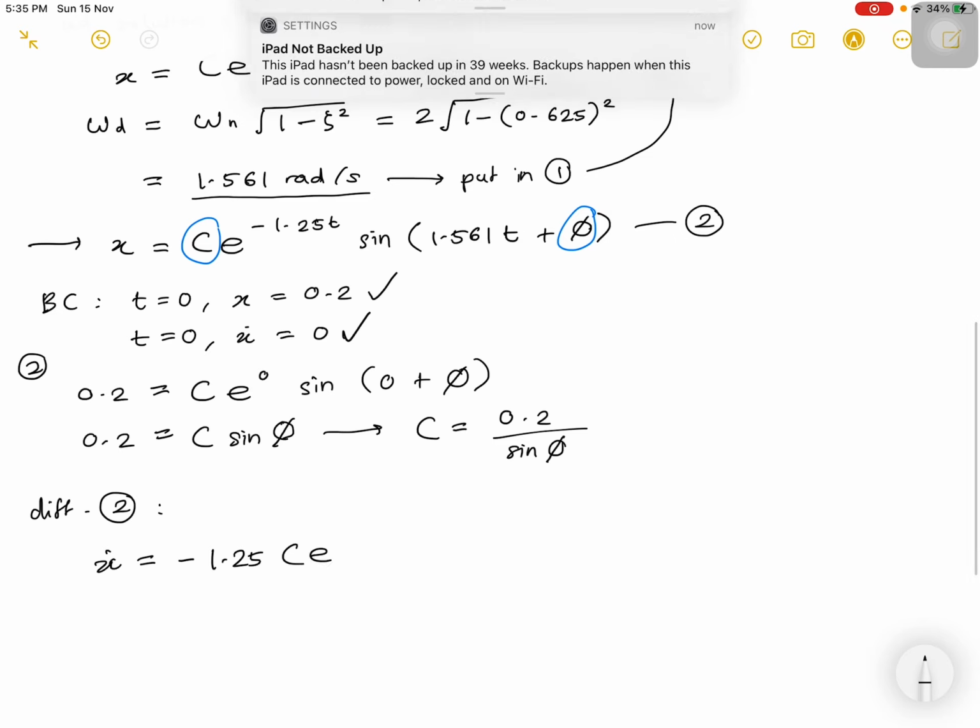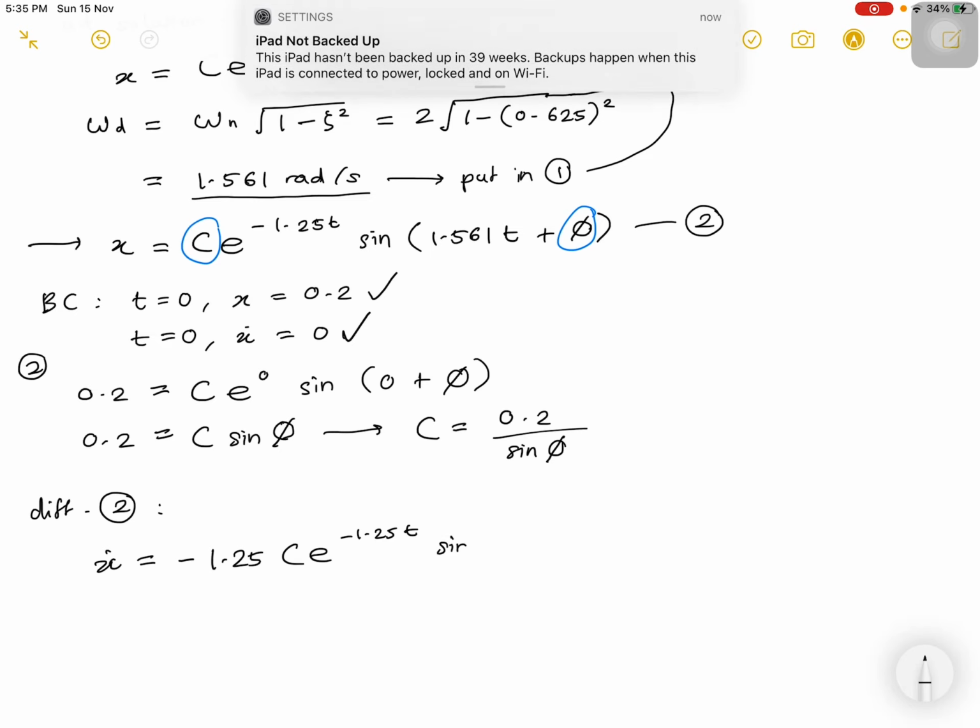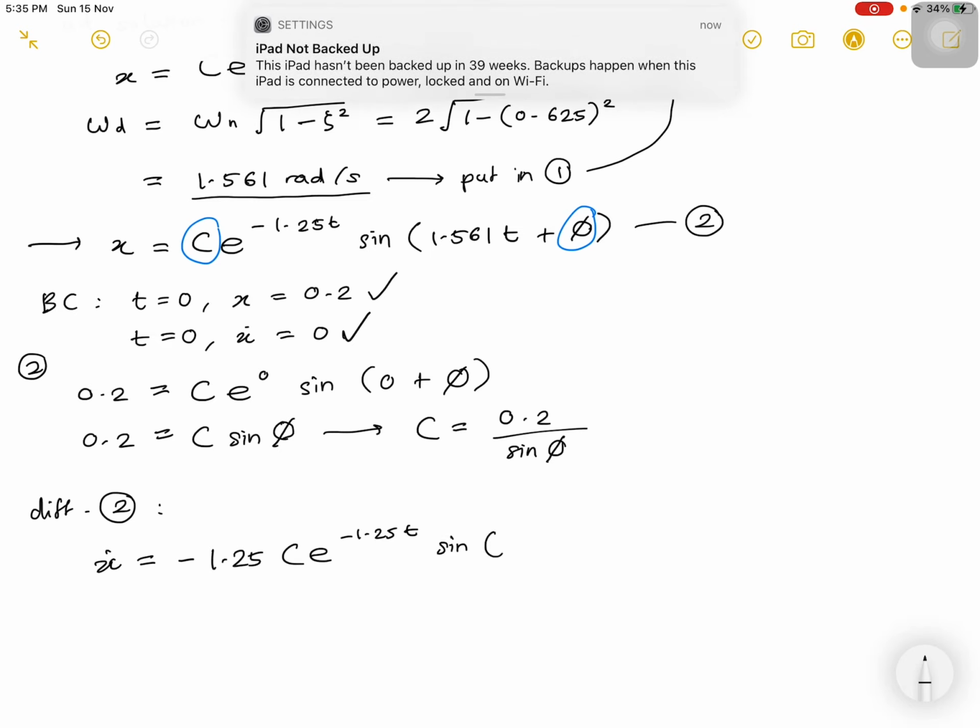So C e to the power of negative 1.25 t sine (1.561 t plus psi).